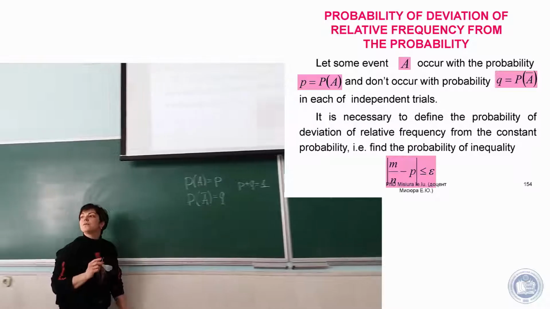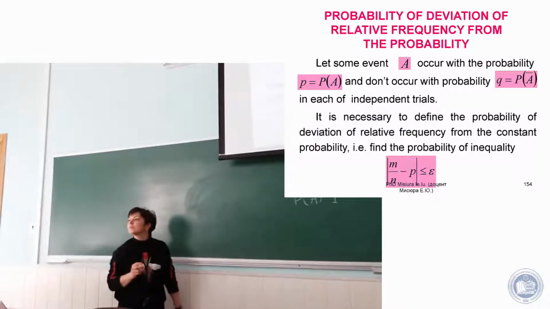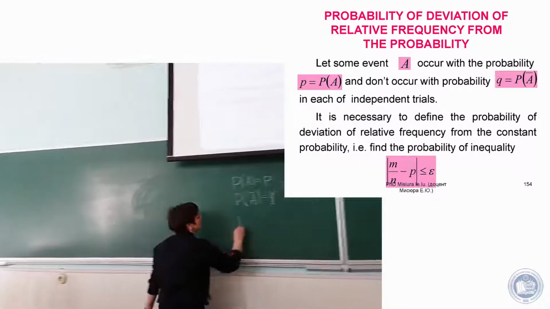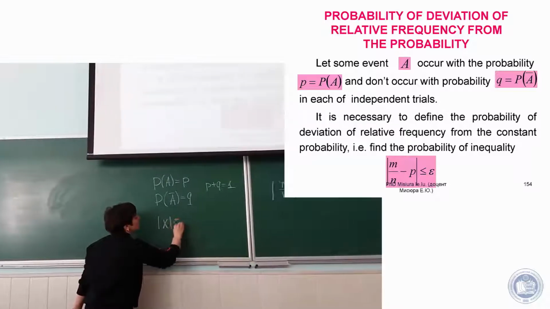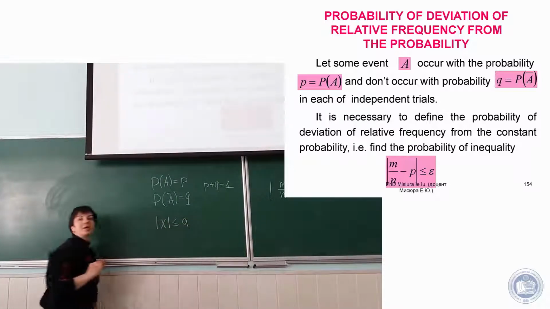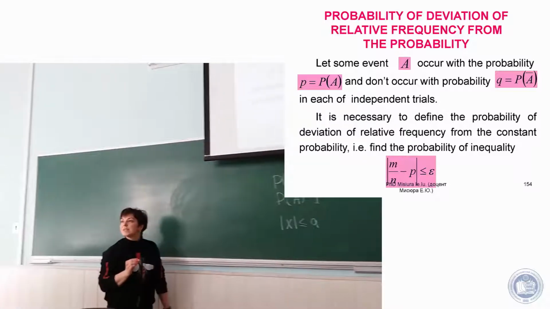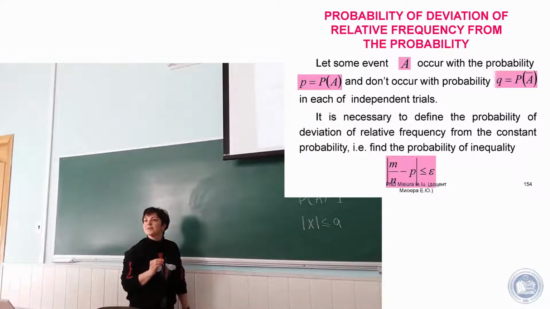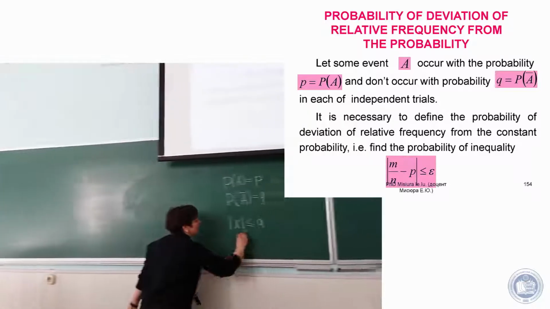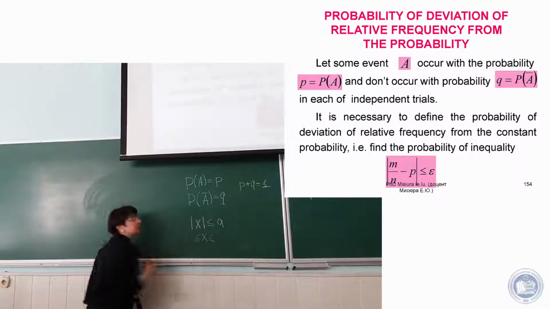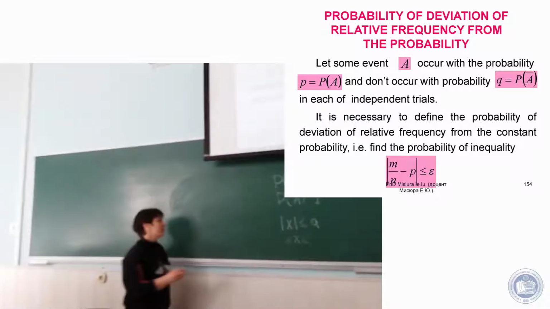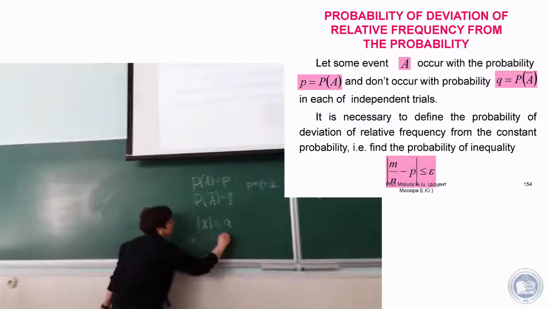How to solve this inequality? For example, students, if we have module x is less or equal to a, it means x lies between two values, minus a and plus a.